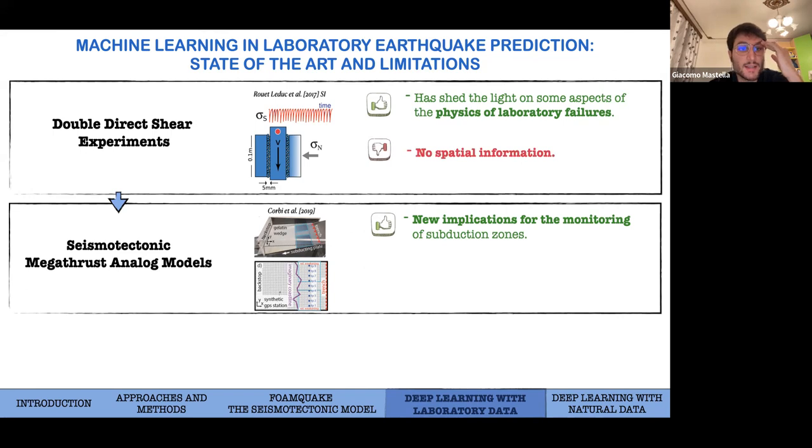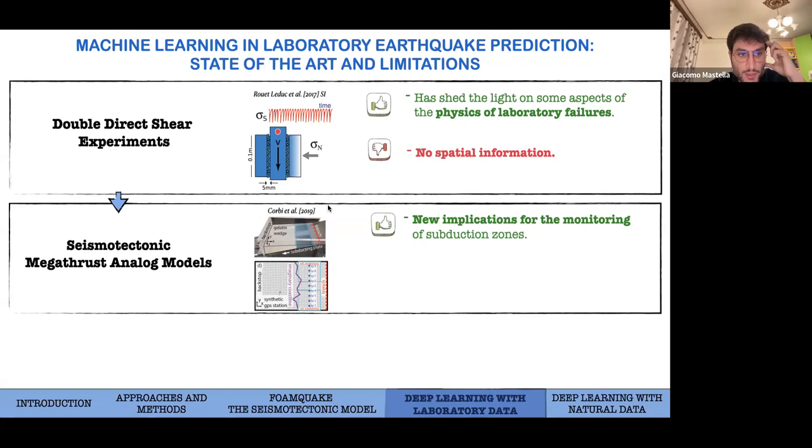Especially regarding double direct shear experiments, the main concern is that generally no spatial information can be taken into account, because the samples of rocks that are squeezed in this kind of experiments are too small, and so it's very difficult to understand the spatiotemporal evolution of the stick slip process, which is modeled.